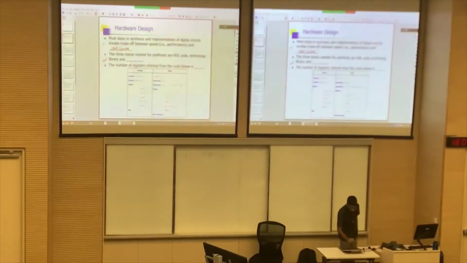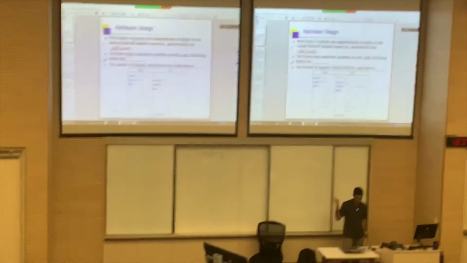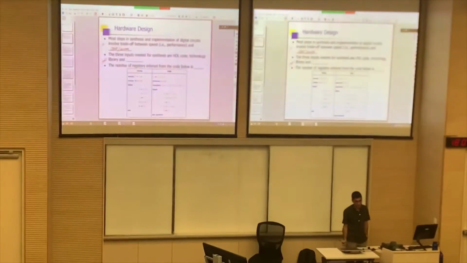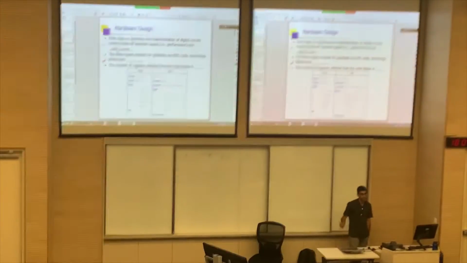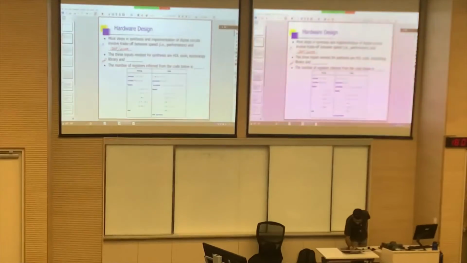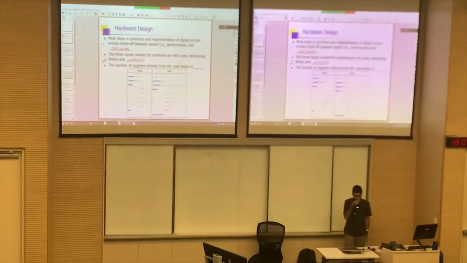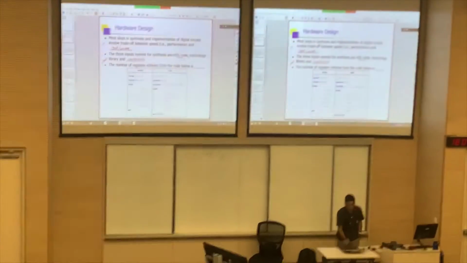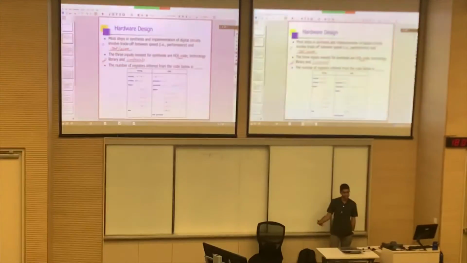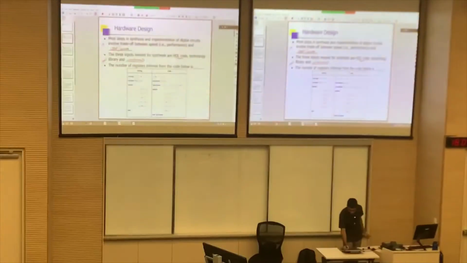Now, the 3 inputs needed for synthesis, this I think was a quiz question, are HDL code, technology library, and what is the third one required? Constraints. HDL code specifies the function and to some extent the structure of the hardware. Technology library specifies the building blocks that are available to us to implement the hardware.